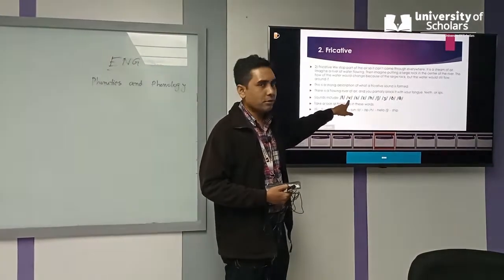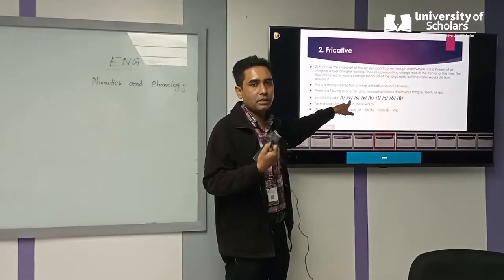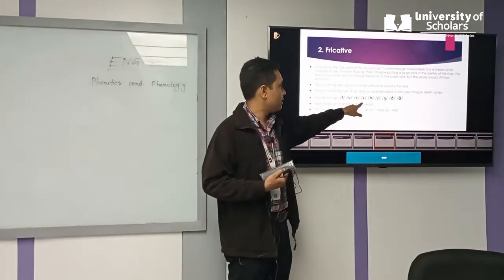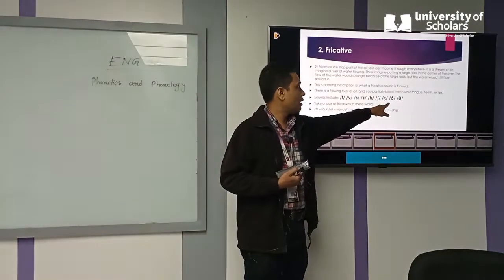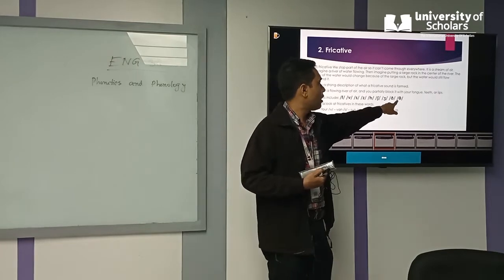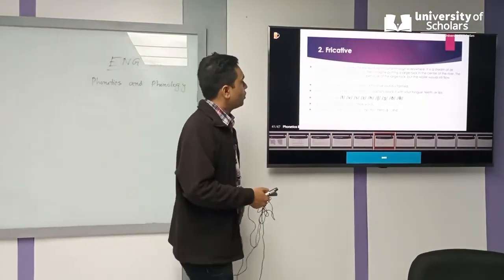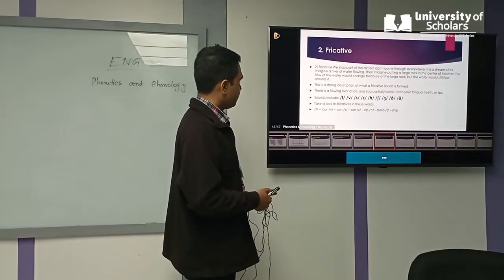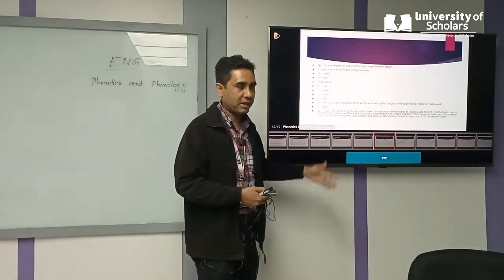F, v, partially air is released and a friction sound is coming out. S, z, ha, sh, j, th, the. So these are the sounds which are called fricatives. Okay, these are the examples. We'll practice later on.